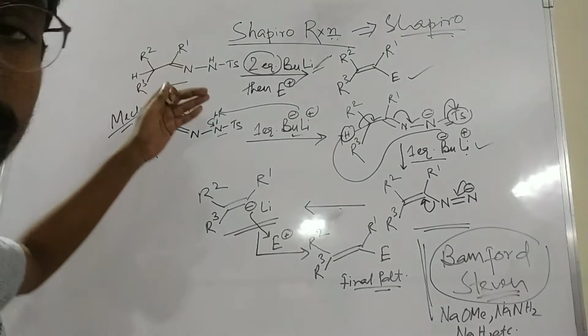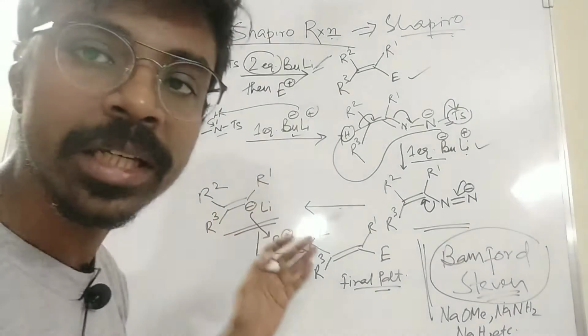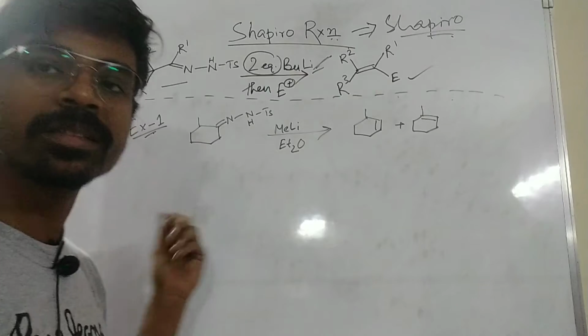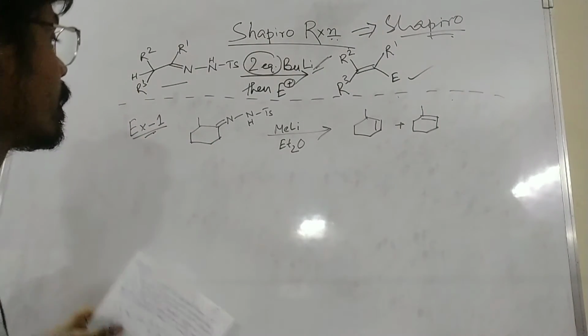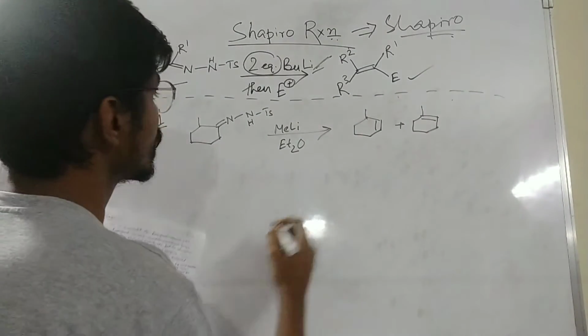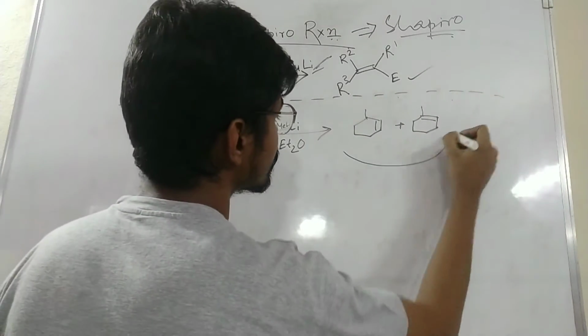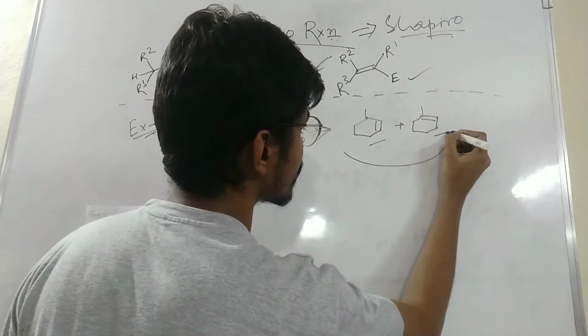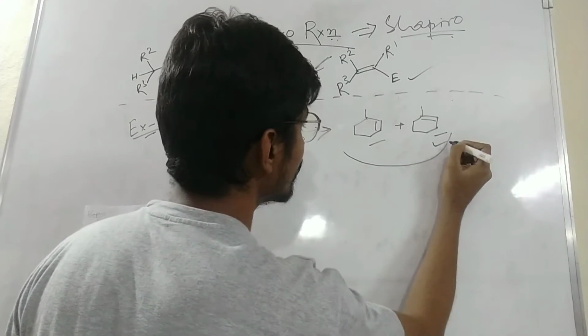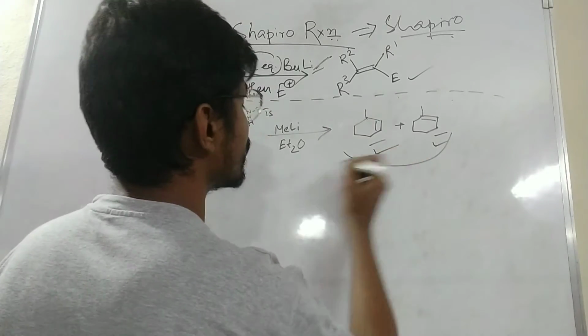So right now I am going to show the difference using an example. Here you can see an example of the Shapiro reaction. In this case we are getting two products. One is the less substituted alkene, another is the more substituted alkene. This one is thermodynamically preferable, this one is kinetically preferable.